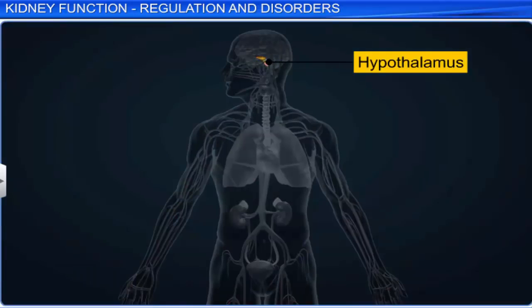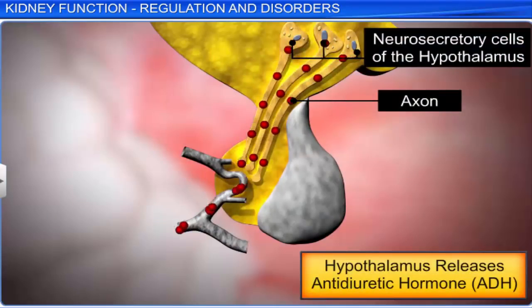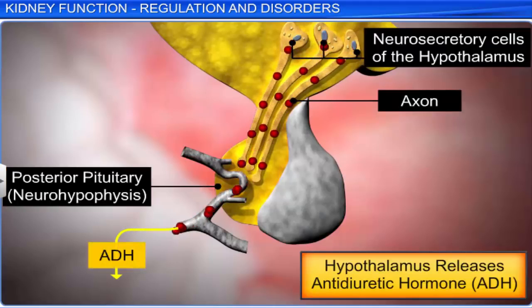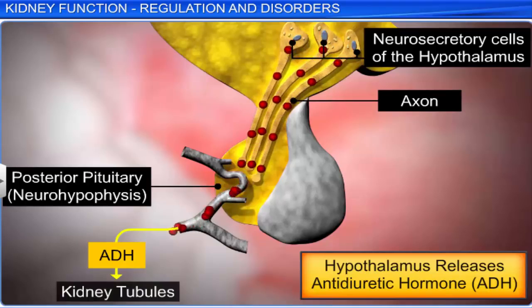For example, a decrease in the level of body fluids activates the osmoreceptors, which stimulate the hypothalamus, which in turn neurally stimulates the neurohypophysis of the pituitary to release the antidiuretic hormone or ADH or vasopressin.